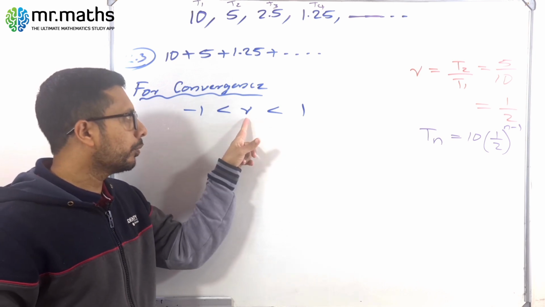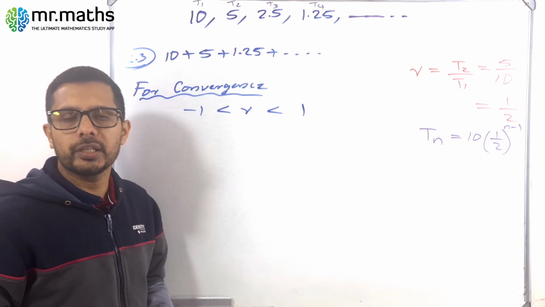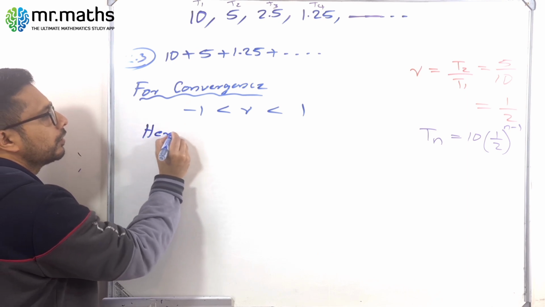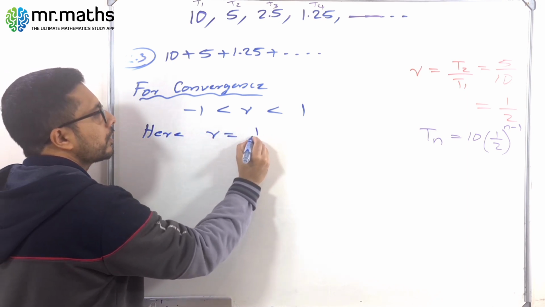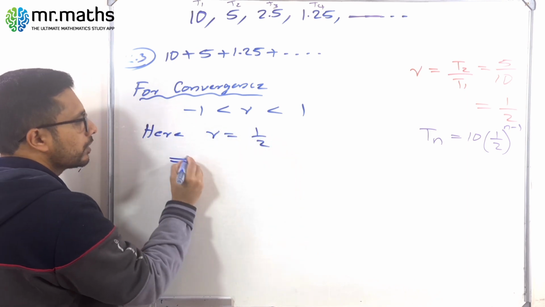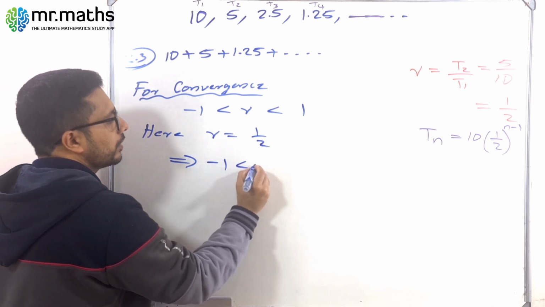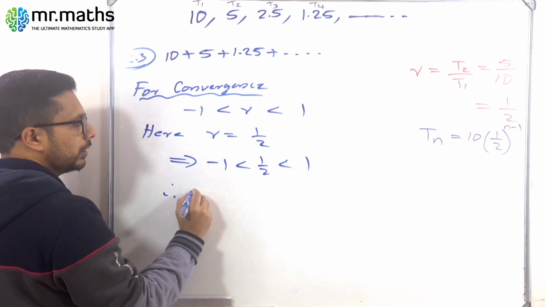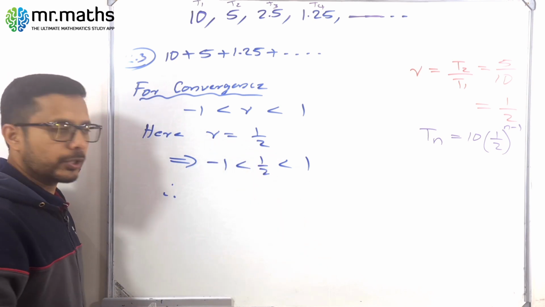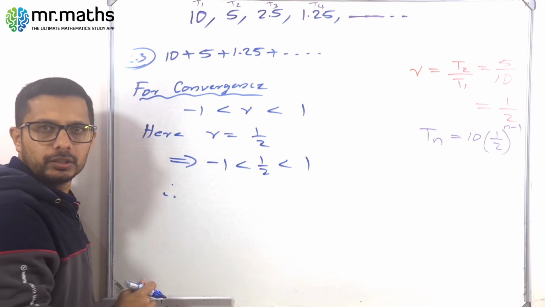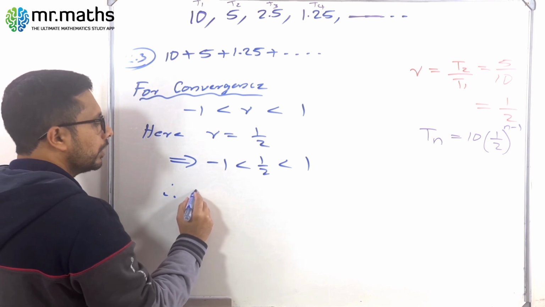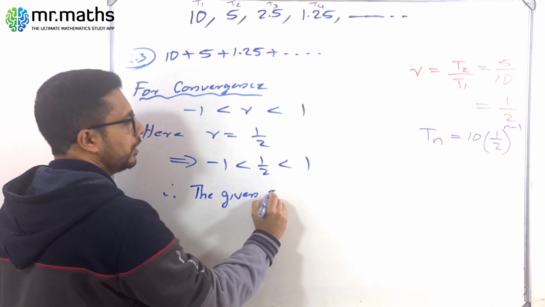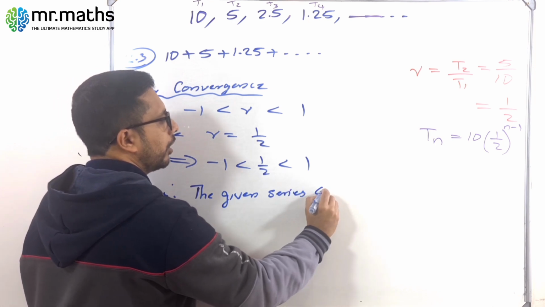The common ratio must be between -1 and +1. So here what is the value of r? Here we know that r is equal to 1 over 2. It implies that -1 is less than half, less than 1. Therefore, the condition is satisfied because half is between -1 and 1. So therefore, the given series converges.